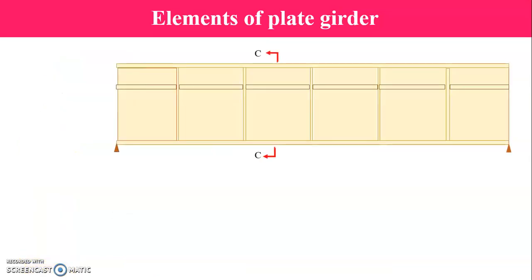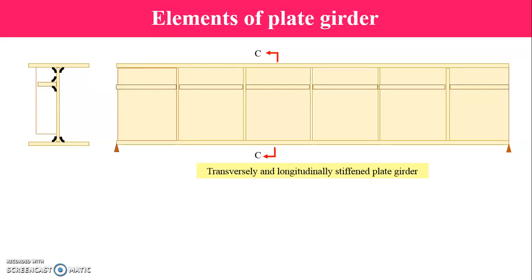The third L section is the transversely and longitudinally stiffened plate girder. Here is the section CC. Here we have provided intermediate transverse stiffeners along the length direction, and end posts at start and end.